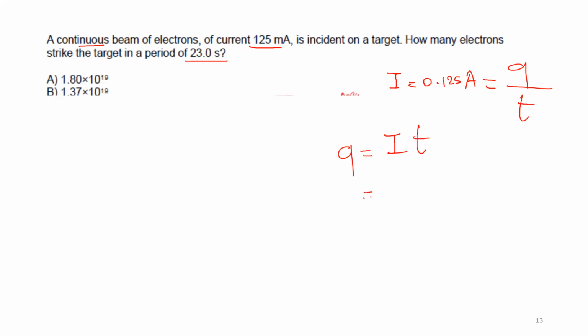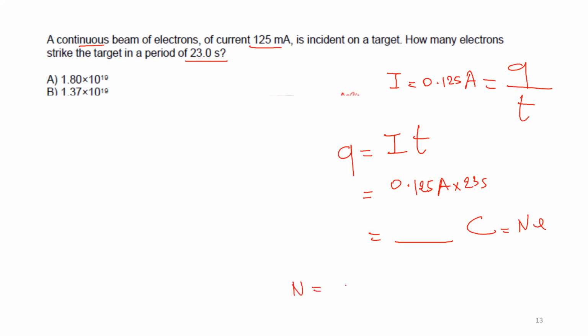So my total charge that will strike the target is 0.125 times 23 seconds. And I would get it in coulombs. You calculate this, and this gives you the total charge in coulombs. Now, how many electrons? You know that charge is quantized, so this is the number of electrons multiplied by e.